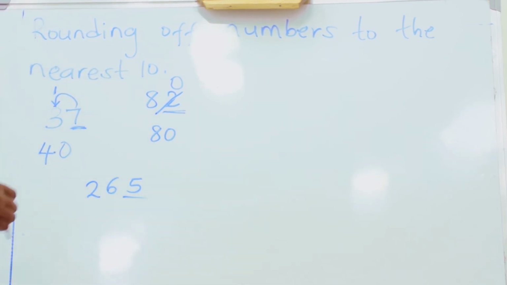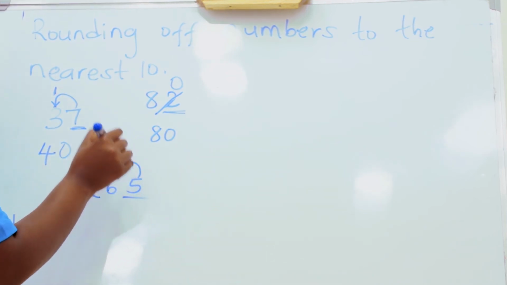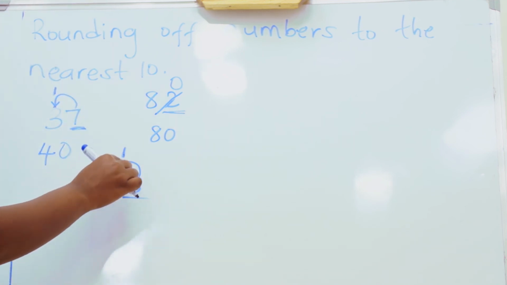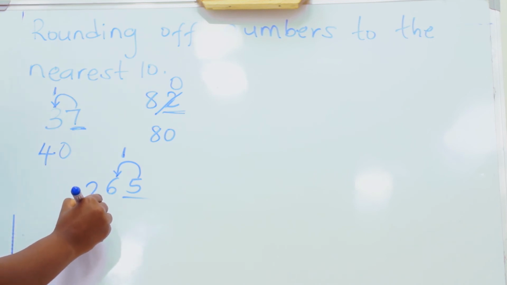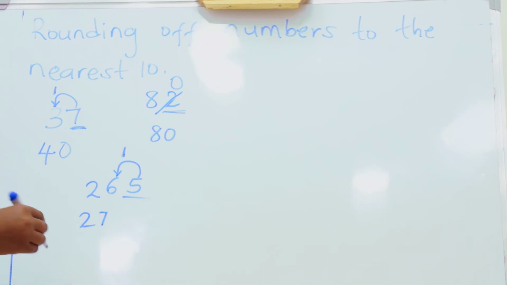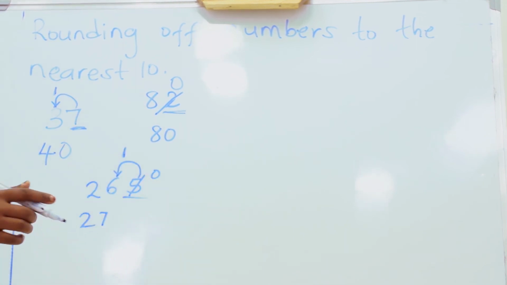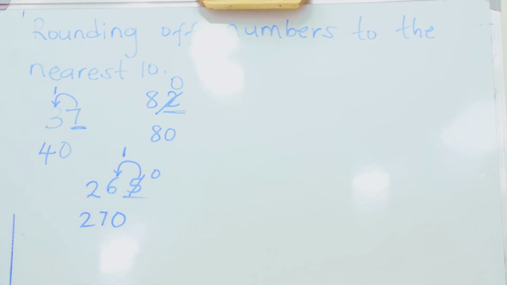So what we are going to do, we bring this number this side and we bring it as 1. So 1 plus 6, which is 7. So our number is going to be 27. And where the number was, we replace with 0. So our answer is going to be 270.